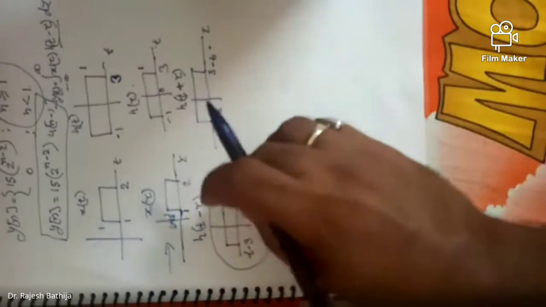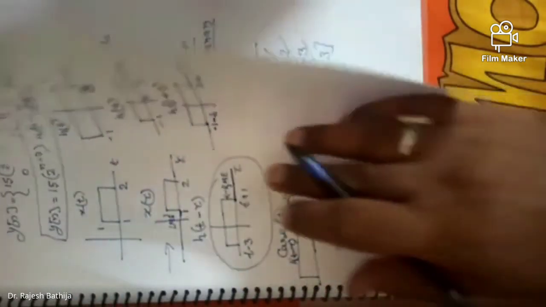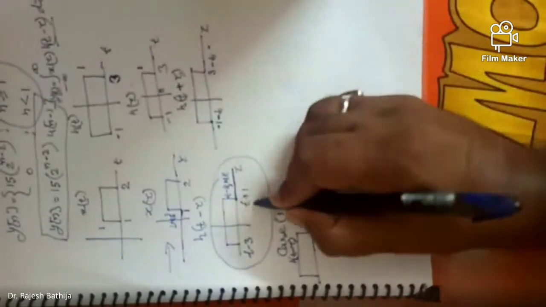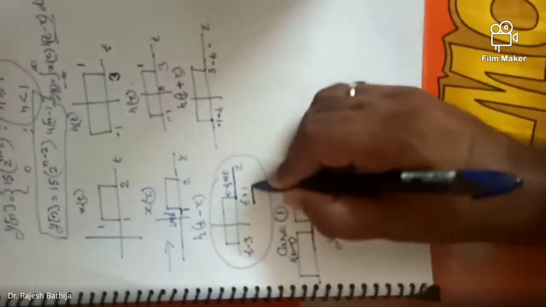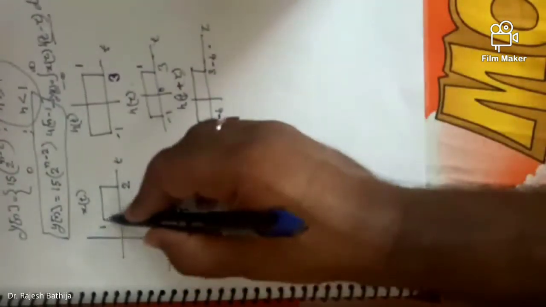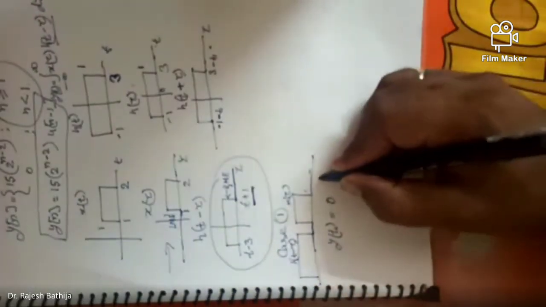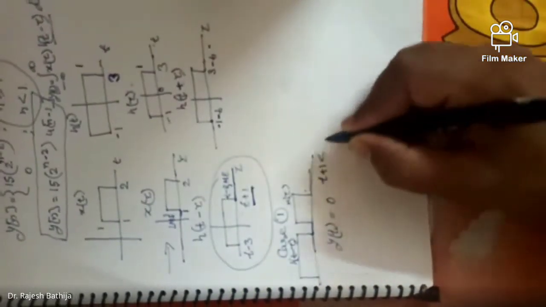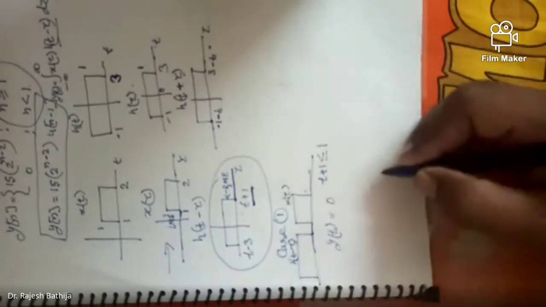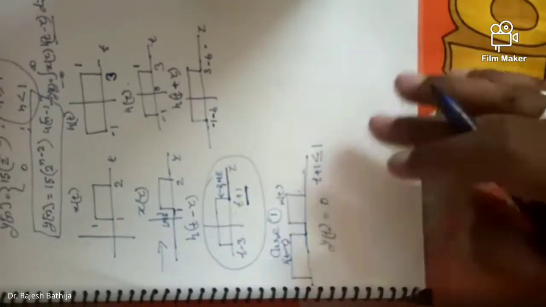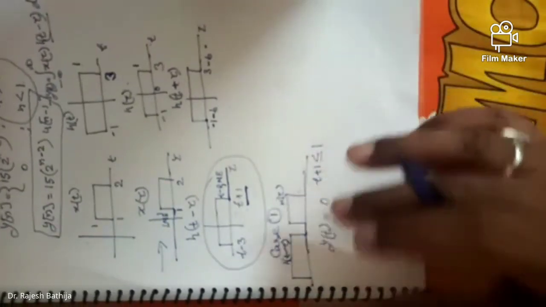Now how does this happen? Because we cannot put this signal over here. There should be some condition. What is the condition? We have put this t+1 before this one. So t+1 should be less than or equal to 1. Equal to 1 also we can do because it will not occupy an area if it is over here.